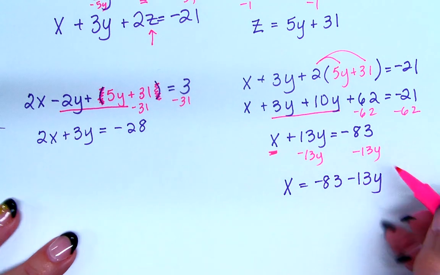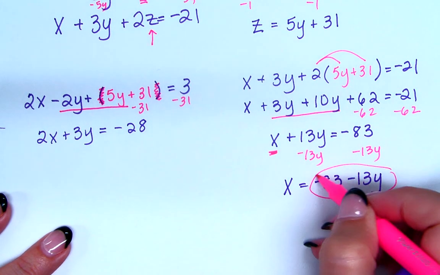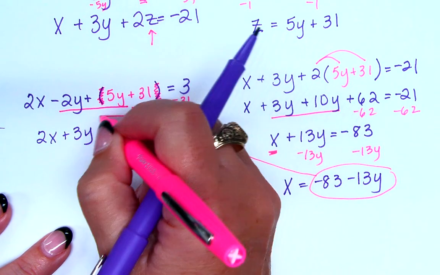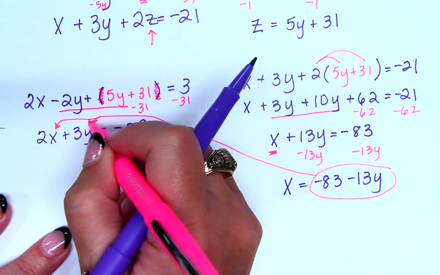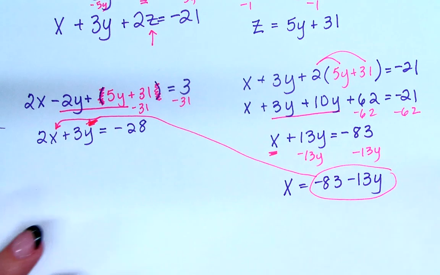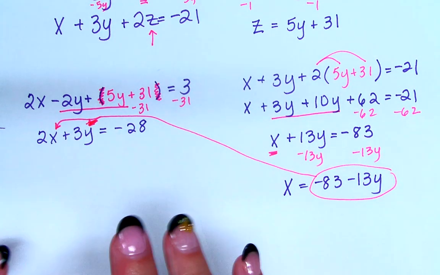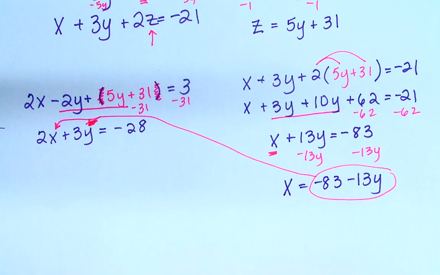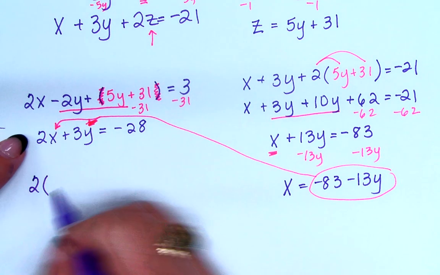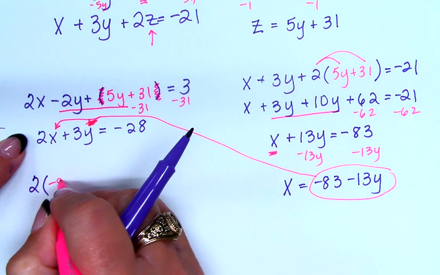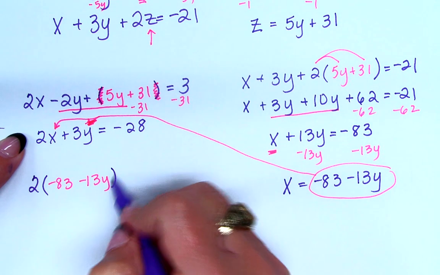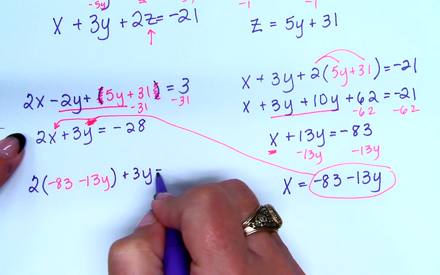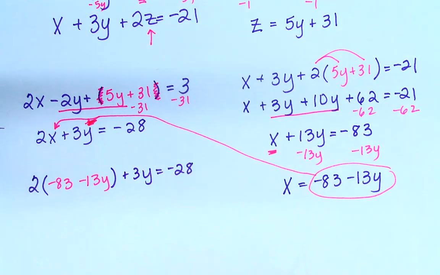Where do you want to plug it in? 2x plus 3y. Right there for x, right? It's x, not y. Sorry. So 2 times negative 83 minus 13y plus 3y equals negative 28.